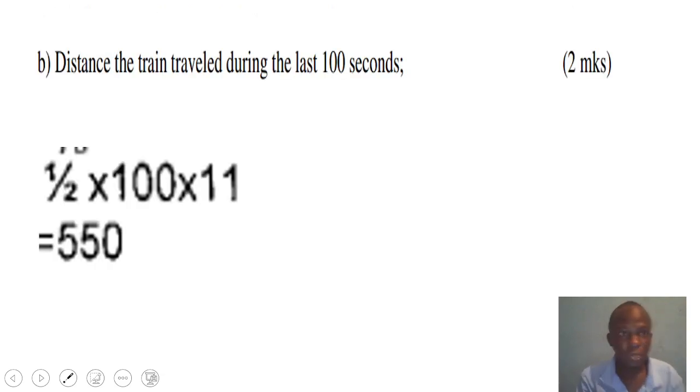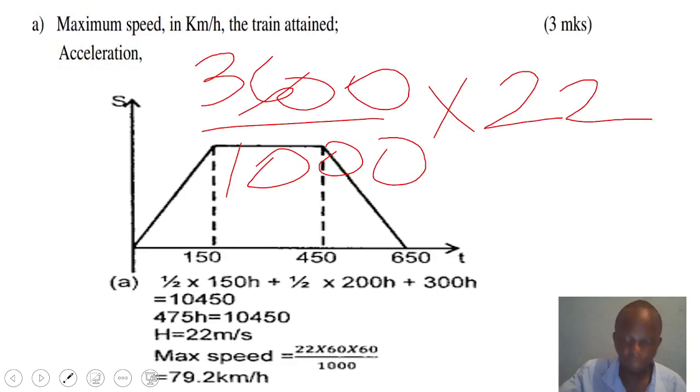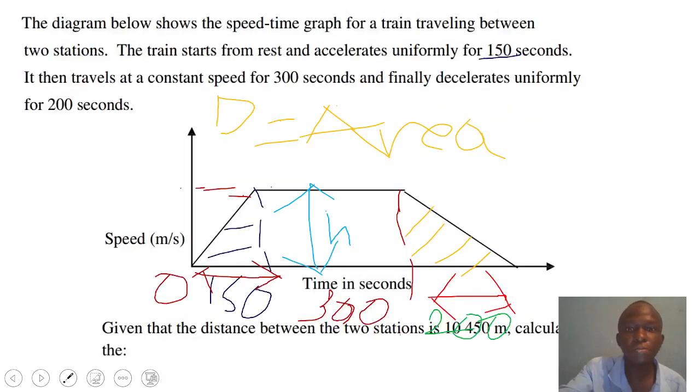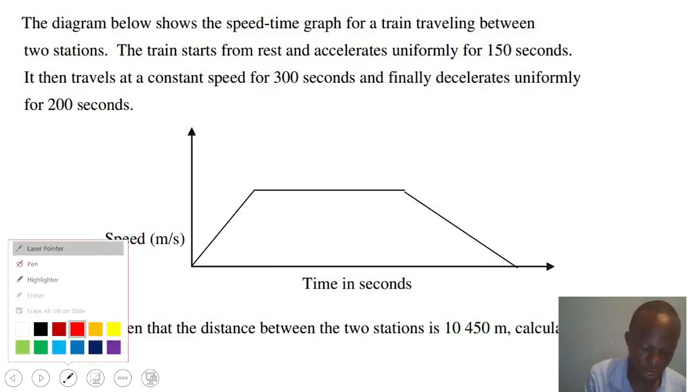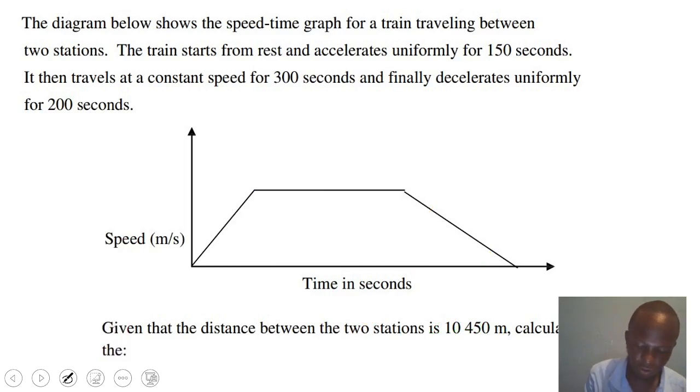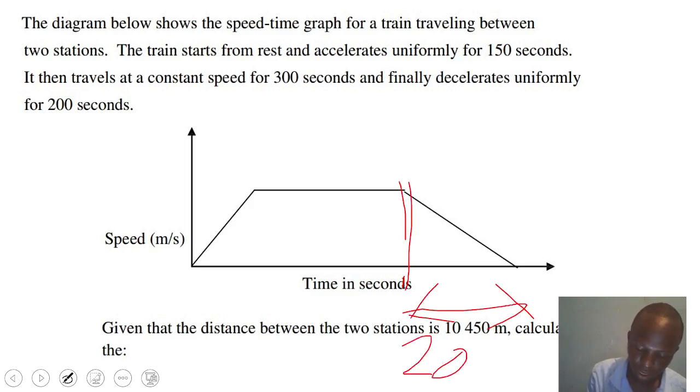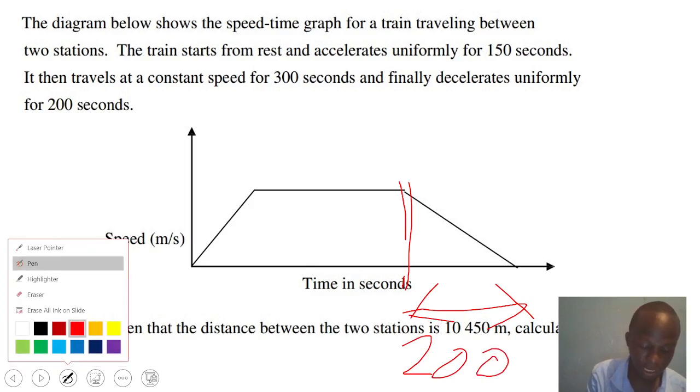So the next question is, calculate the distance traveled during the last 100 seconds. Back to the diagram. In the last 100 seconds. So remember that from here to here is 200. So where is the 100 seconds line?